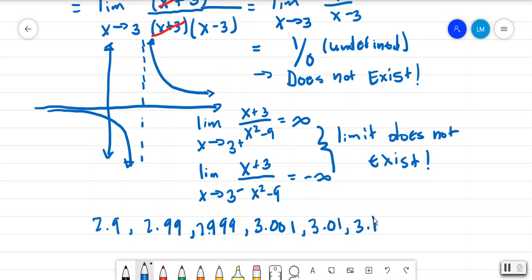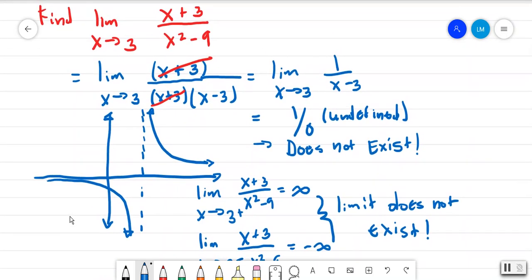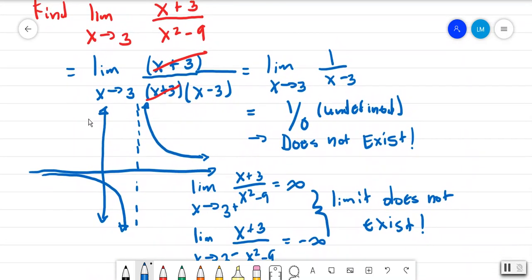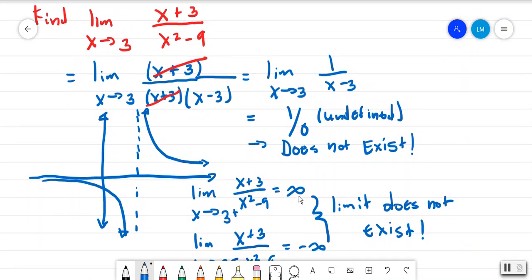The closer you get to 3, the function goes to minus infinity or plus infinity, which means that the limit does not exist. Now, if I'm asking for the specific characteristics, like where it goes, then you have to use the graph or the table values. But if it's just asking what the limit is, then plugging it in would also give you the same thing. I wanted you to see that sometimes you do have to factor and sometimes you don't.